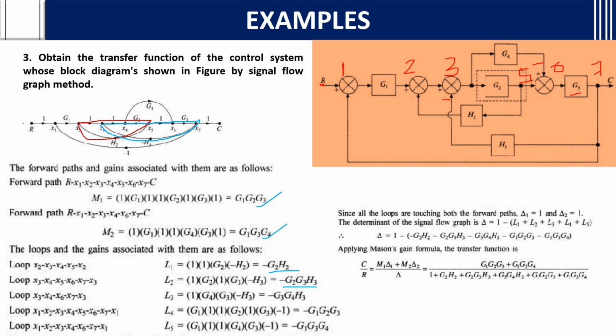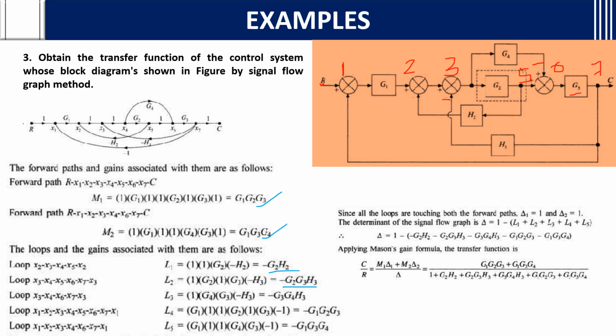Then one more you have: x3, x4, x6, then x7, then x3. I'll take one more color. That is done. Then what do you have?